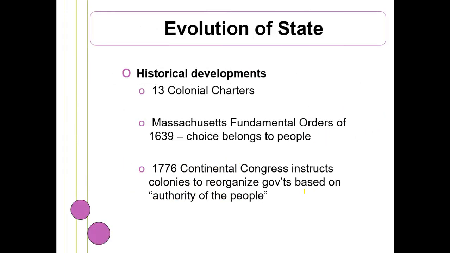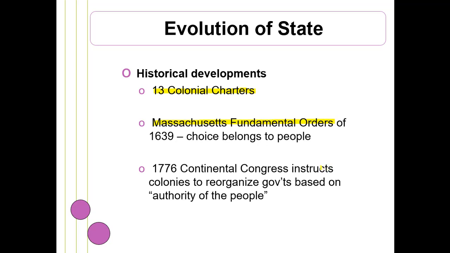Now, as far as the historical development of the states in the U.S., each of the original 13 colonies had their own charters that evolved over time, and they obviously had the British model to go by. As early as 1639, the Massachusetts Fundamental Orders put choice back into the hands of the people.